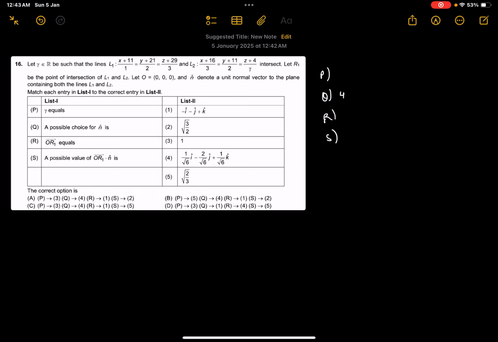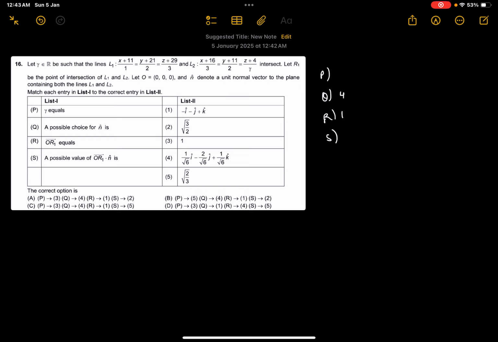So it indeed does, and I don't think that the vector of option 4 lies on L1. So r should be mapped to 1.